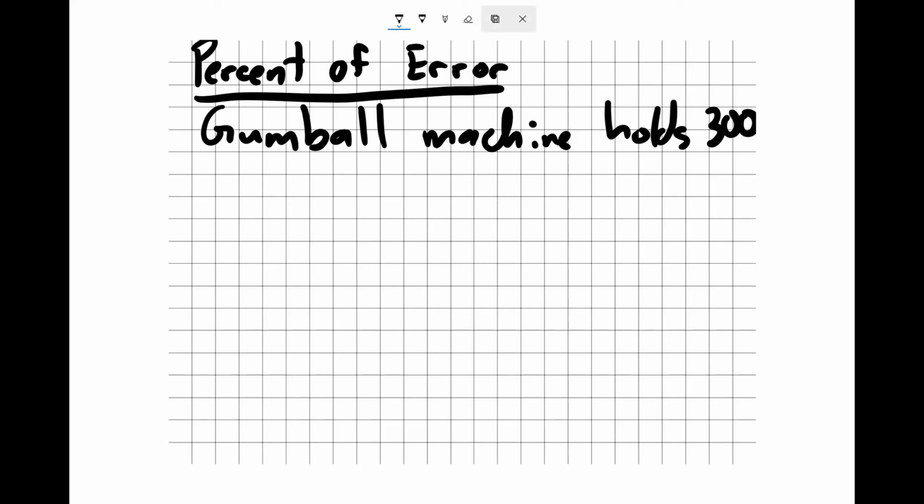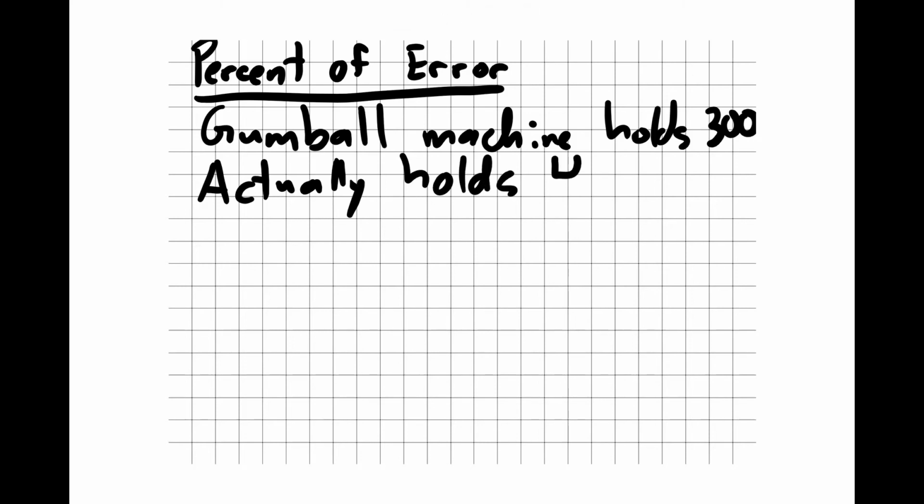You predict it holds 300 gumballs. You pull out your phone, you decide to Google it, and it turns out that it actually holds 400.